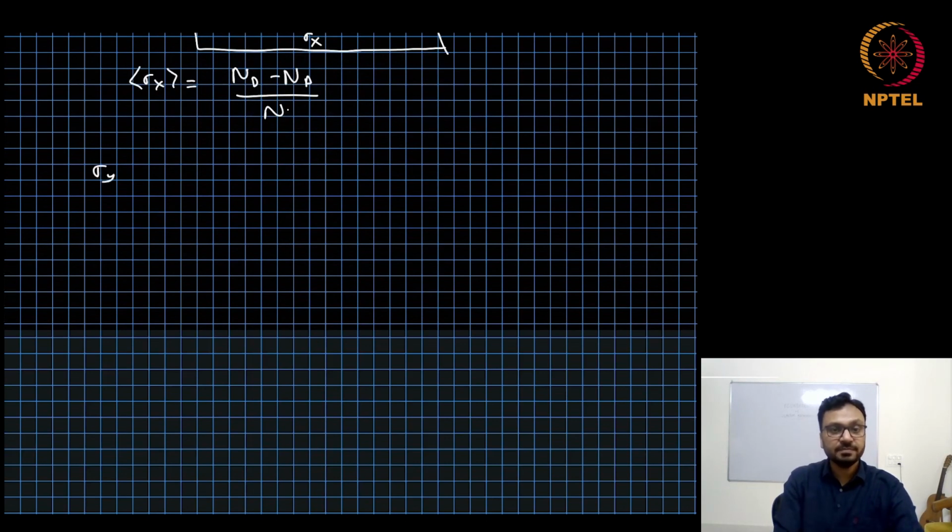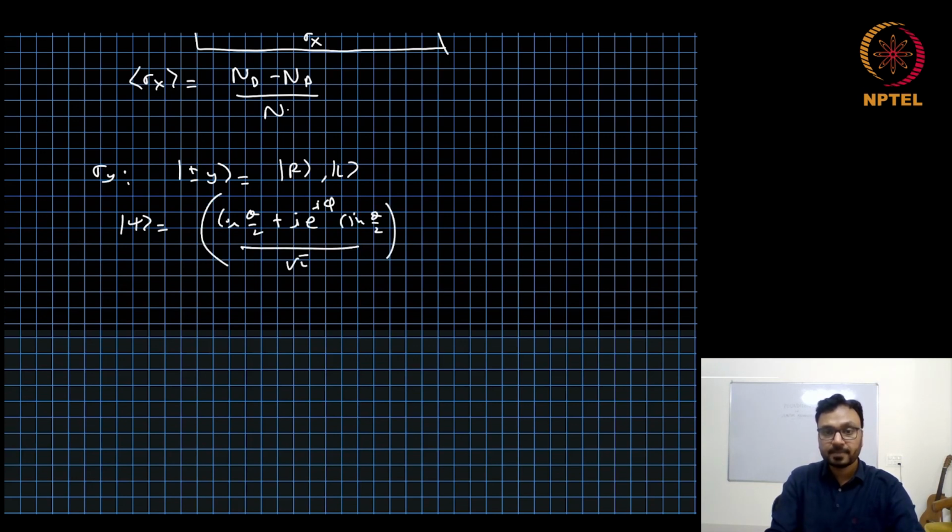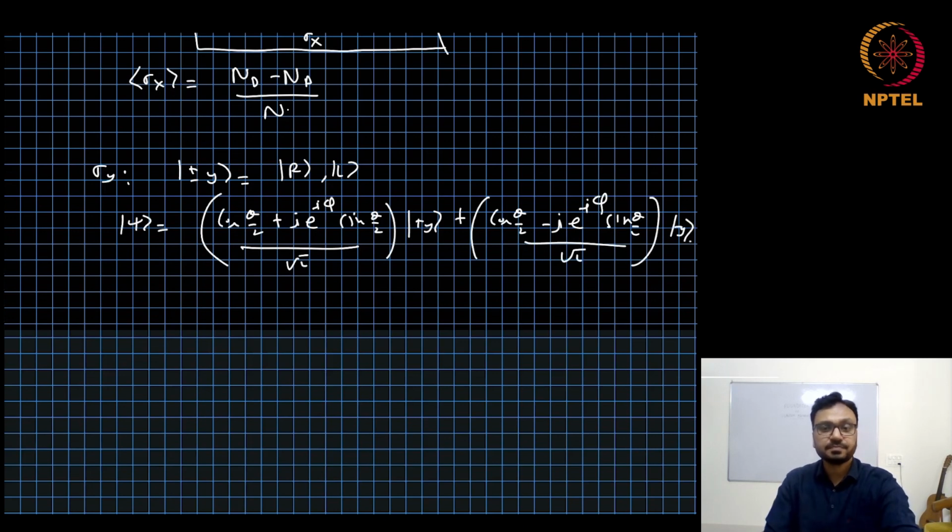Similarly, for sigma y, we know the eigenvectors are plus and minus y, which are R and L. We can write the state psi as cos of theta over 2 plus i exponential of i phi sine of theta over 2, over root 2, plus y, plus cos of theta over 2 minus i exponential of i phi sine of theta over 2, over root 2, minus y.